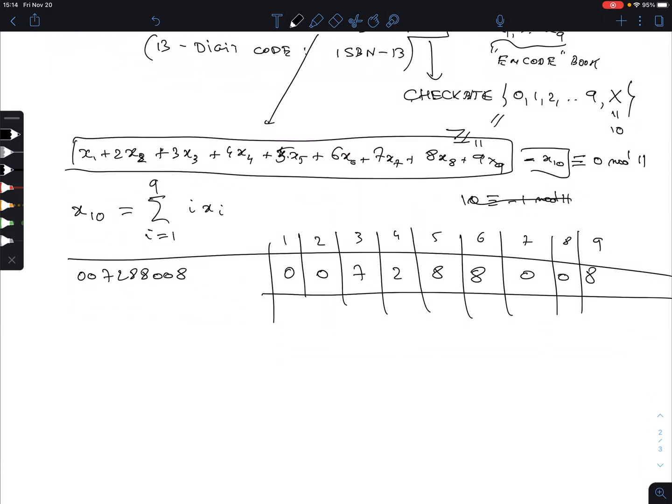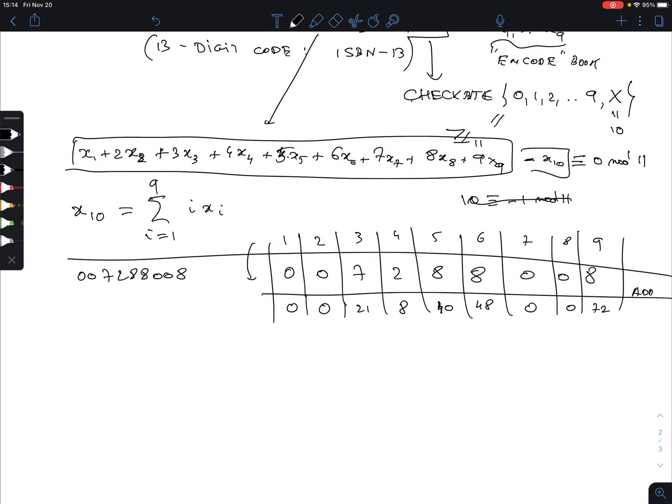So we multiply here, so this is 0, 0, 21, 8, 30, 40, 48, 0, 0, and 72. And we add now all these numbers. Now be careful, we work in modulo 11.